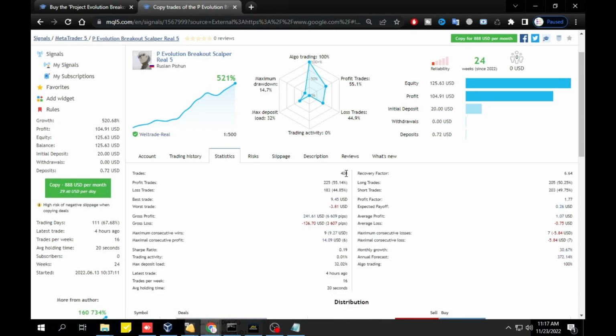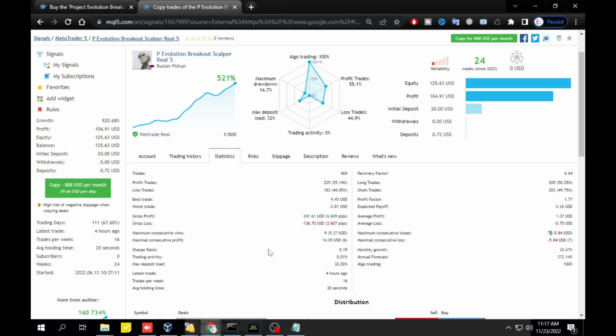Statistical information. The total trading that has been running from June to date is 408 transactions, with 255 profitable transactions and 183 loss transactions. Best trade, $9.45. Worst trade, -$3.81. Average profit, $1.07. Average loss, -$0.75. Maximum consecutive wins, 9 transactions, $9.27.